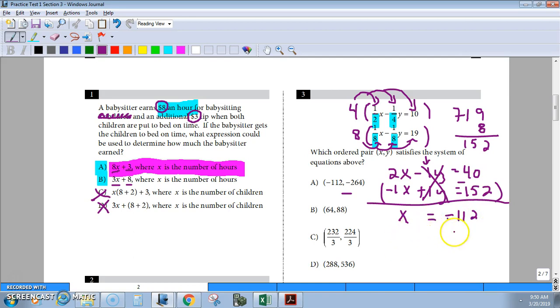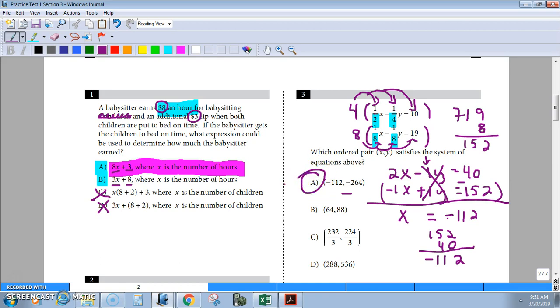But we can do 40 minus 152 like this. This seems like a more complicated one too, you guys. I'm going to subtract the 40 from 152, but I know it's going to be a negative answer because 152 is larger. Okay, so 2, 1, 1. So it's going to be negative 112. You guys, I can stop there with one answer because there's only one answer that has x equal to negative 112.